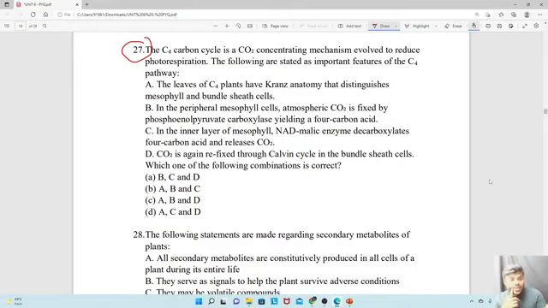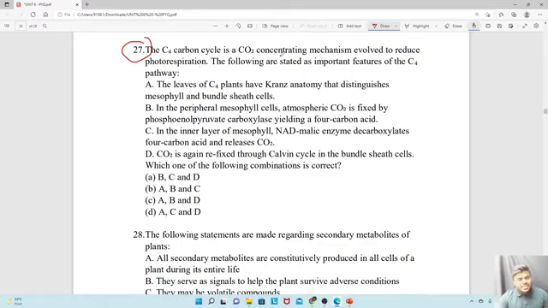Think it, friends. Okay, what about others? Someone has given B, someone has given C. Okay, what's the answer? Anyone else can give the answer? Okay. Look into the question carefully.